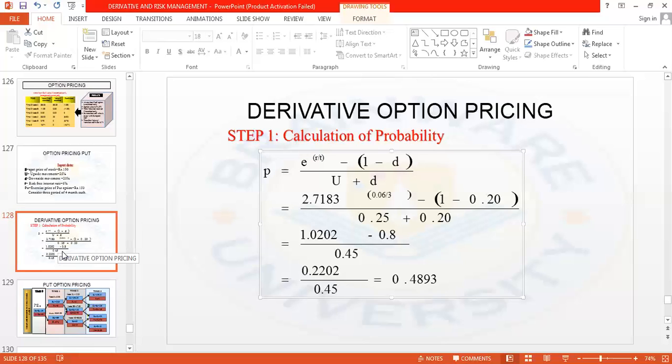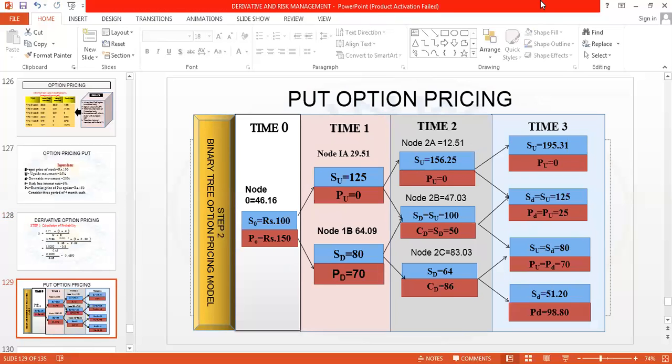On the basis of that, we have now developed the put option tree. Just see, there are 4 different time phases: time 0, time 1, time 2, time 3. Time 0 is today, and we will calculate the value of the put option at this time.